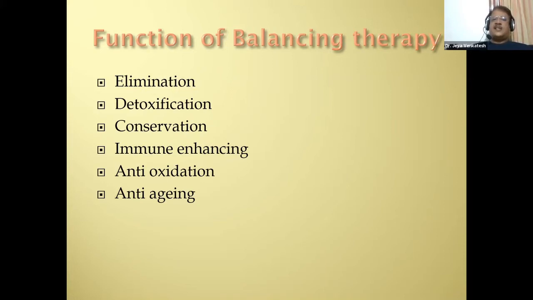And then conservation. It's a simple management of health by preventive methods. Immune enhancing. A lot of immune enhancing herbs and some practices like yoga, dhyana, are all immune enhancing boosters. And then antioxidation.